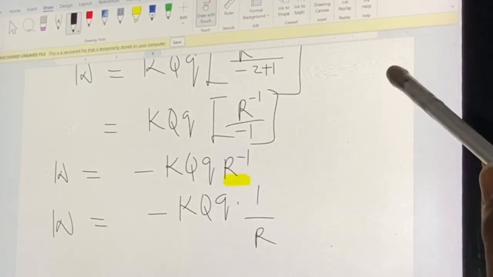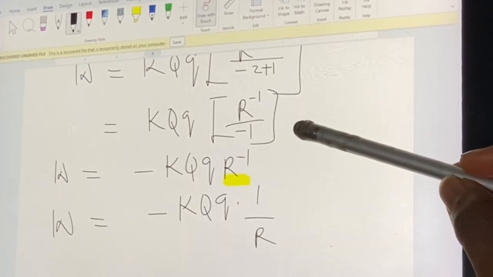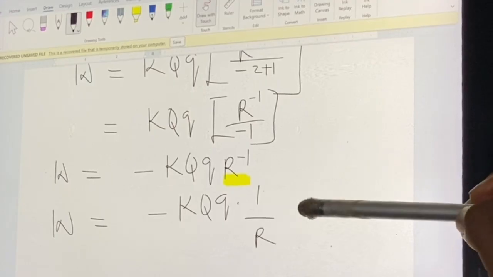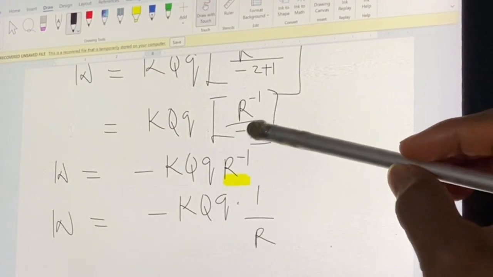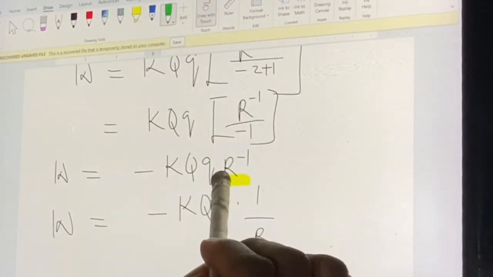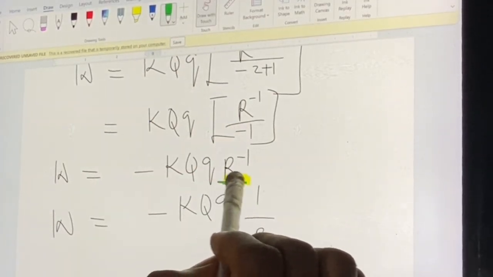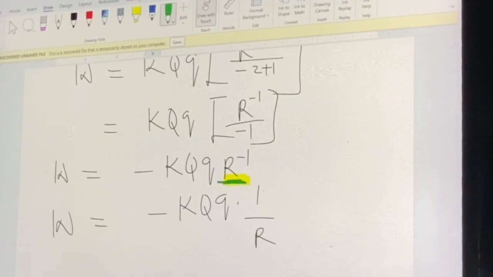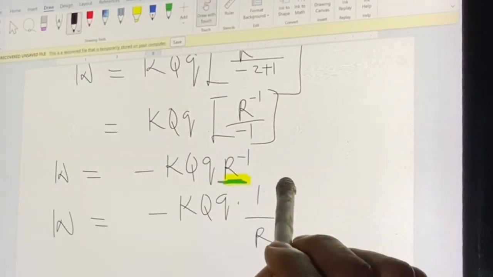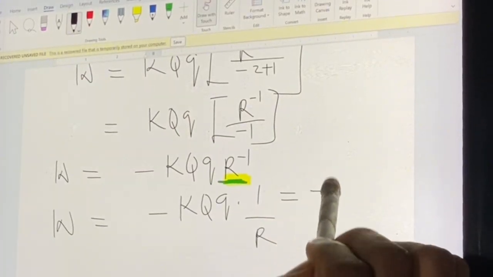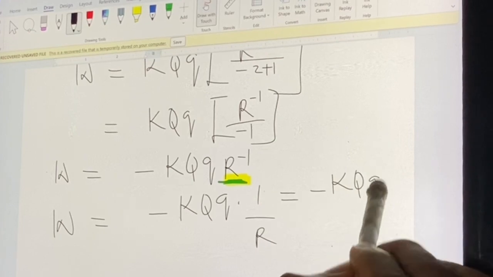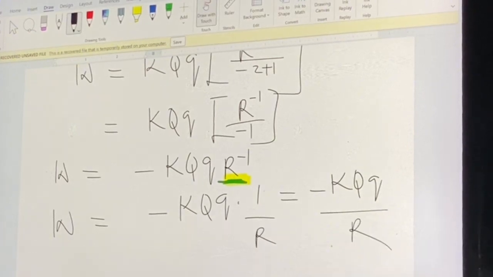Whenever we take any expression from numerator to denominator, the sign of the power will change. So our total expression will be equal to minus K Q q over r. This will give us the work done.